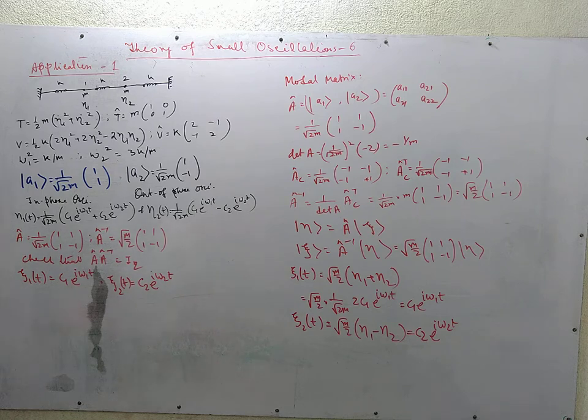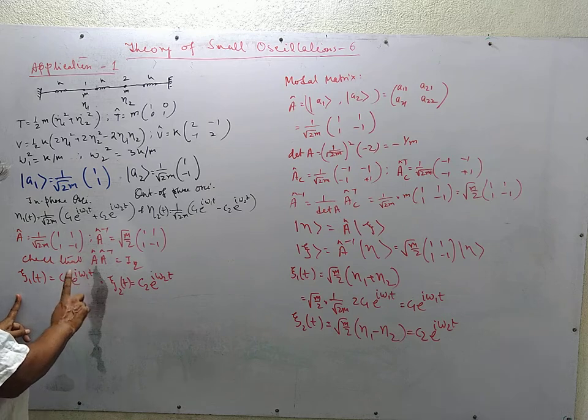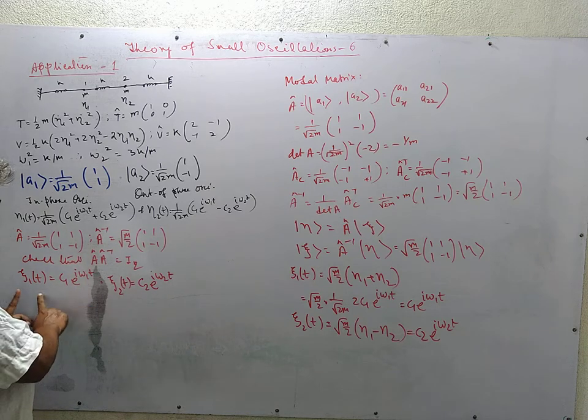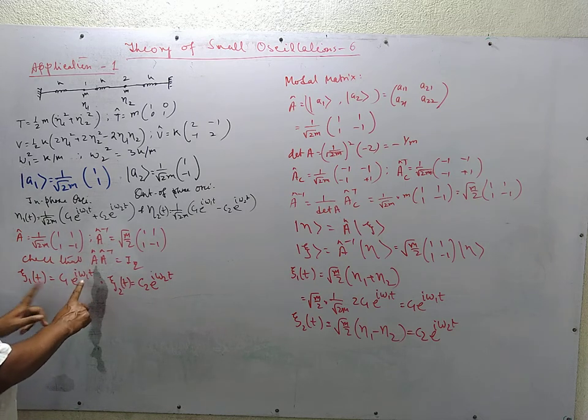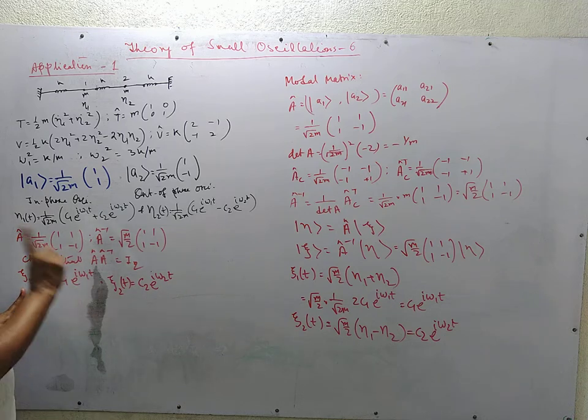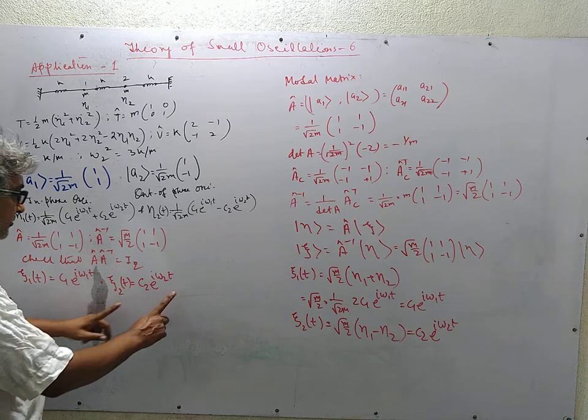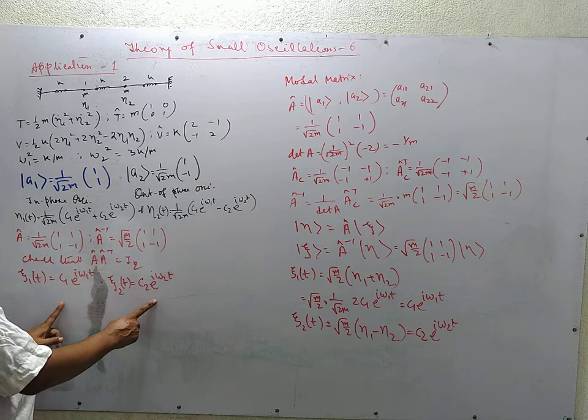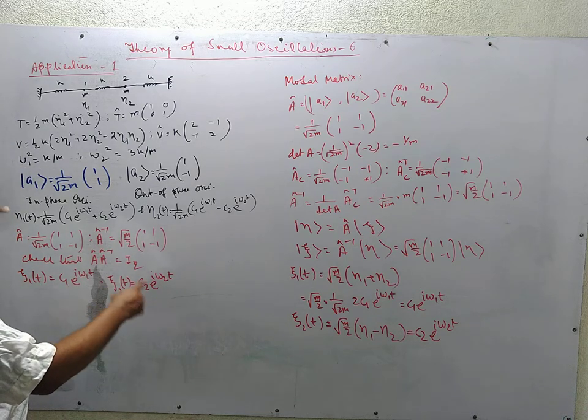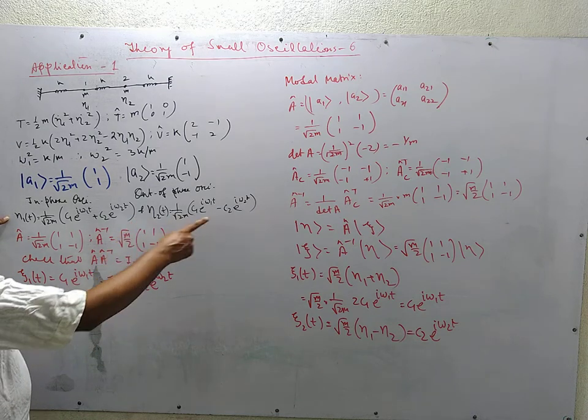So this indeed shows that when we analyze the system in terms of normal coordinates, this is the mode 1 oscillation and this is the mode 2 oscillation. They are not coupled.